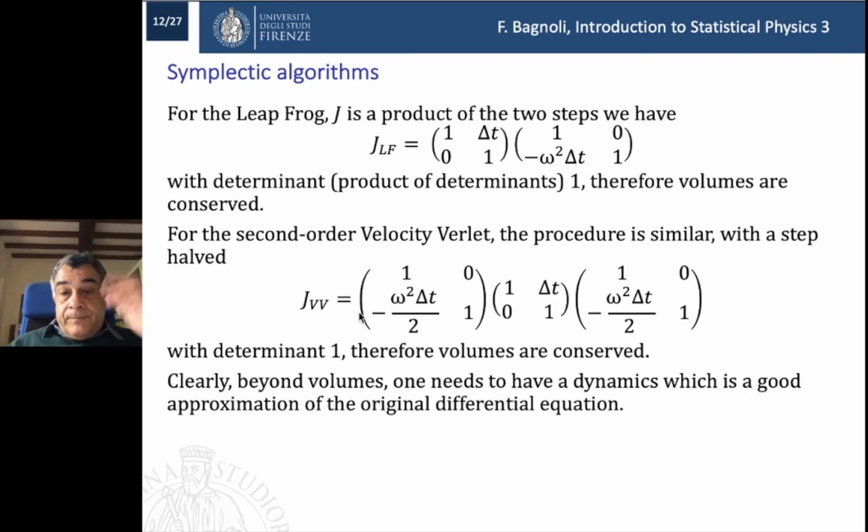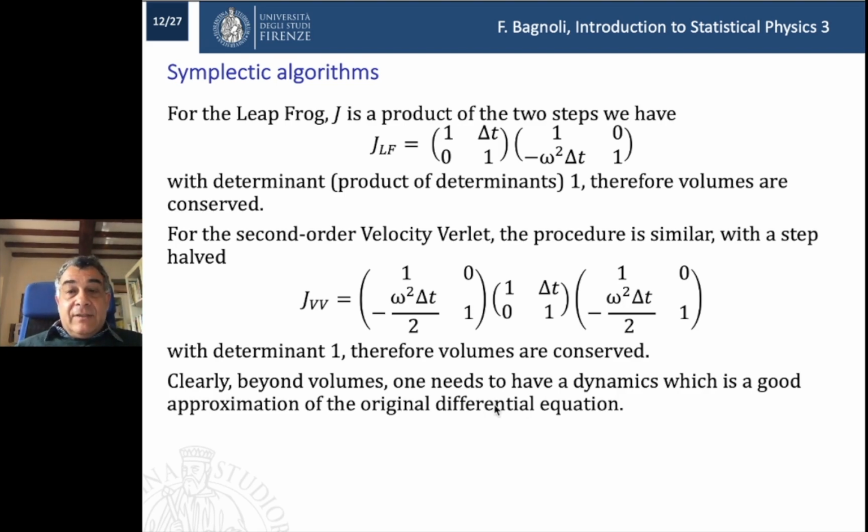And for the second order velocity Verlet, the procedure is similar. I have half steps, and so I now have three determinants, but all of them are equal to 1, and so the total is equal to 1. Okay, this is not a sufficient condition. I still need to have an algorithm that follows my dynamics, so I cannot simply have an algorithm that is arbitrary.